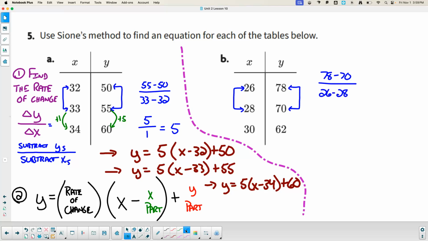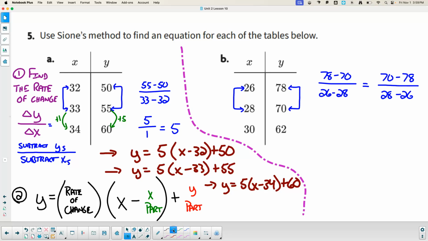Now some of you might be saying to yourself, Linz did it in the opposite way last time. Well, let me show you this crazy math. We're going to go 70 minus 78 all over 28 minus 26. Those two are going to be equal.